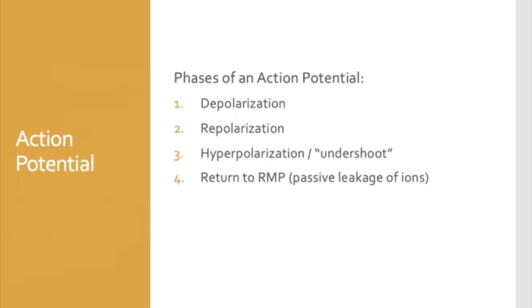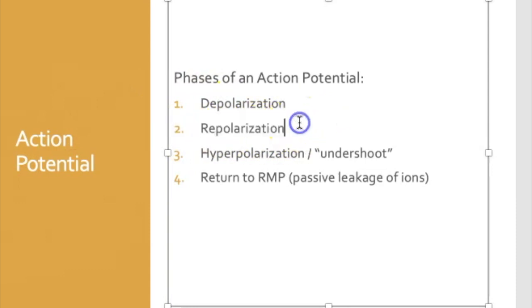When we go from a high positive value, like the peak of depolarization, plus 40 millivolts, when we start to drop down, we're not going to be in a hyperpolarization phase until we go below resting membrane potential. Before that, we're in what's called a repolarization phase. So from plus 40 millivolts down to minus 60 millivolts, resting membrane potential, we are repolarizing the membrane.